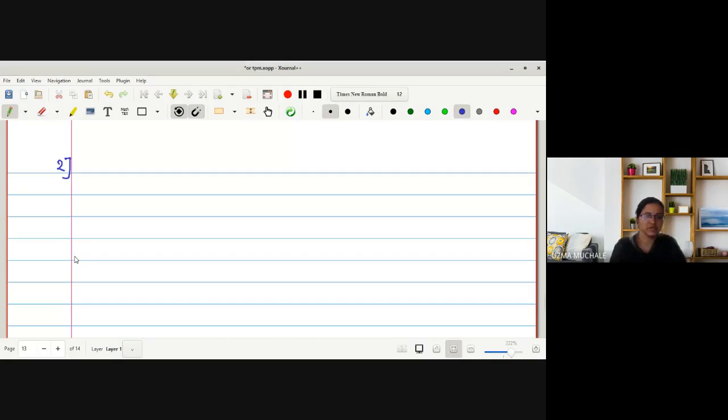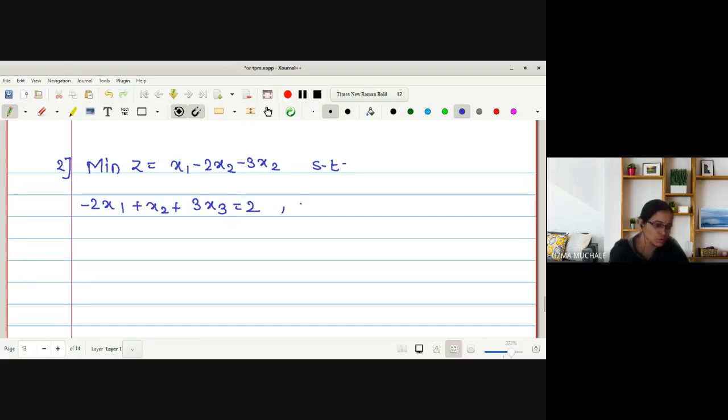Here I'll write minimize Z is equal to x1 minus 2x2 minus 3x3 subject to the constraints minus 2x1 plus x2 plus 3x3 is equal to 2, 2x1 plus 3x2 plus 4x3 is equal to 1, x1, x2, x3 non-negative.